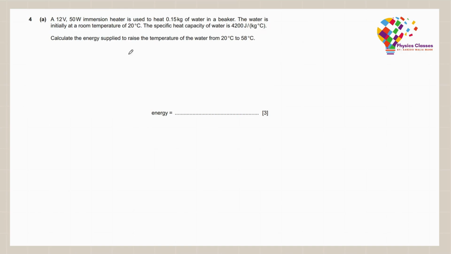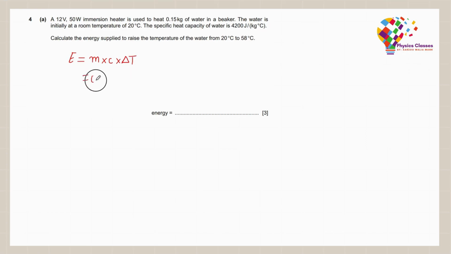In order to calculate the energy, we know that energy would be equal to mass times the specific heat capacity times the change in temperature. So the mass of water given over here is 0.15 kg.